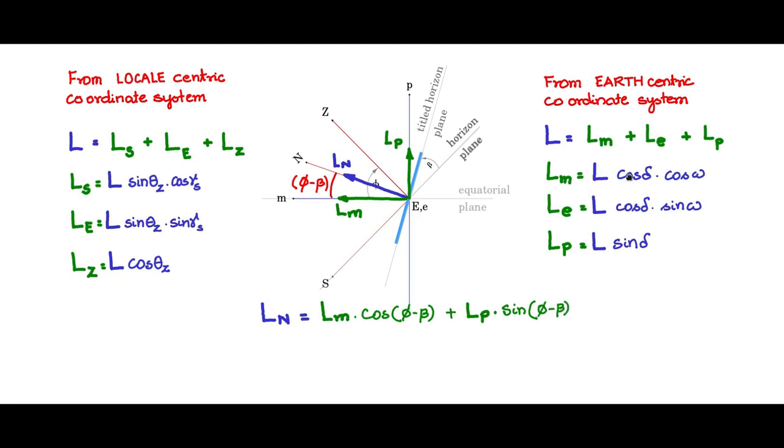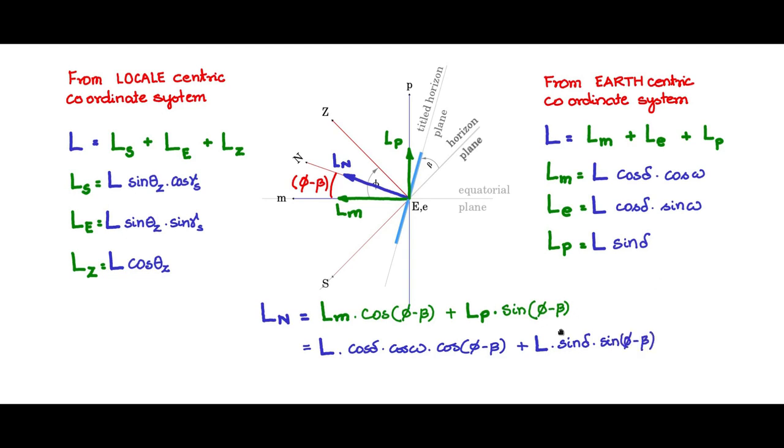Now we know Lm is L cos delta cos omega and Lp is L sine delta. Substituting, we have L into cos delta cos omega cos phi minus beta plus L into sine delta sine phi minus beta.